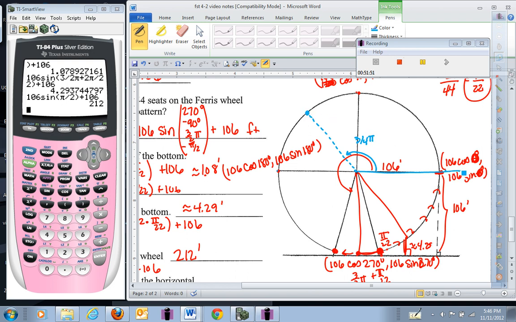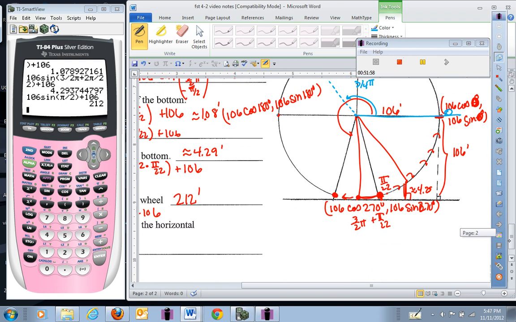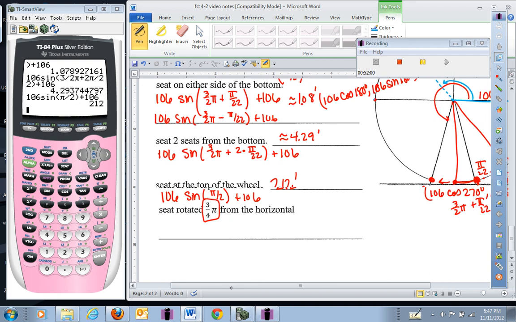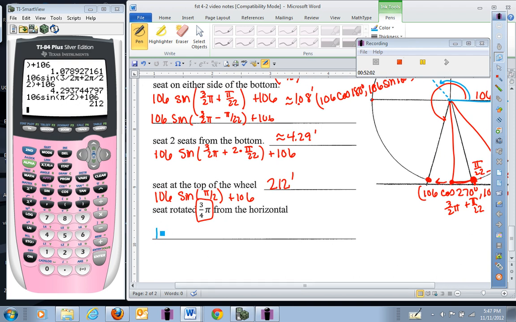Okay, well that's being measured from 0, isn't it? It's being measured from 0, so we can just use that 3/4 pi in our calculation from the horizontal. Okay, so we're going to say it's 106 times the sine of 3/4 pi, and then add our 106 back on there.